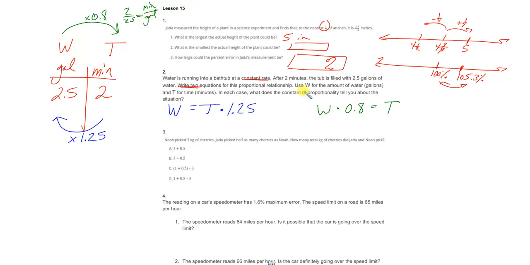So 0.8 represents how many minutes per gallon, and then the 1.25 was found by the reciprocal of that, gallons on top, minutes on the bottom, and that's how many gallons we are running per minute. These are just unit rates. So 1.25 gallons per minute, or 0.8 minutes to run a gallon out of that faucet. A little bit of a throwback, but totally doable for us.